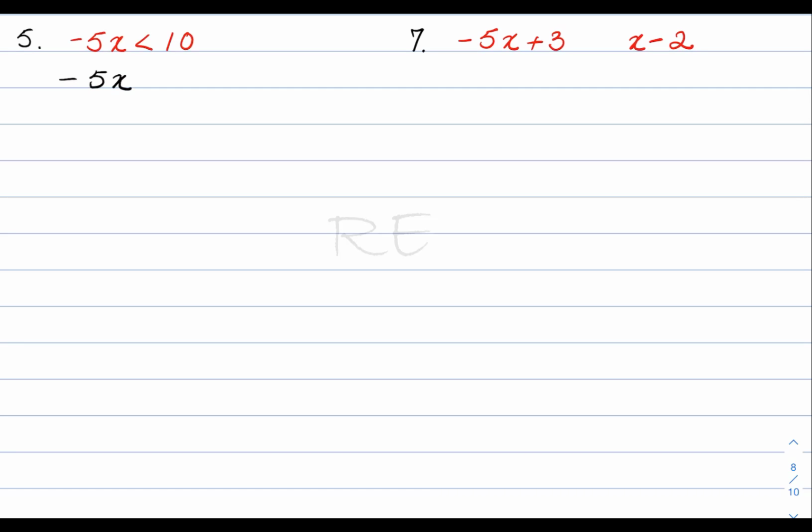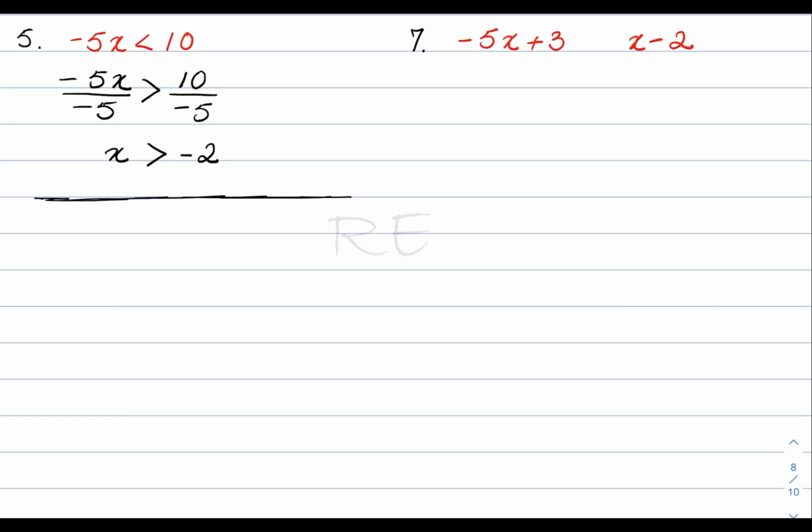Negative 5x strictly less than 10. We're going to have to divide both sides by a negative number, and when we do, we have to reverse the inequality.